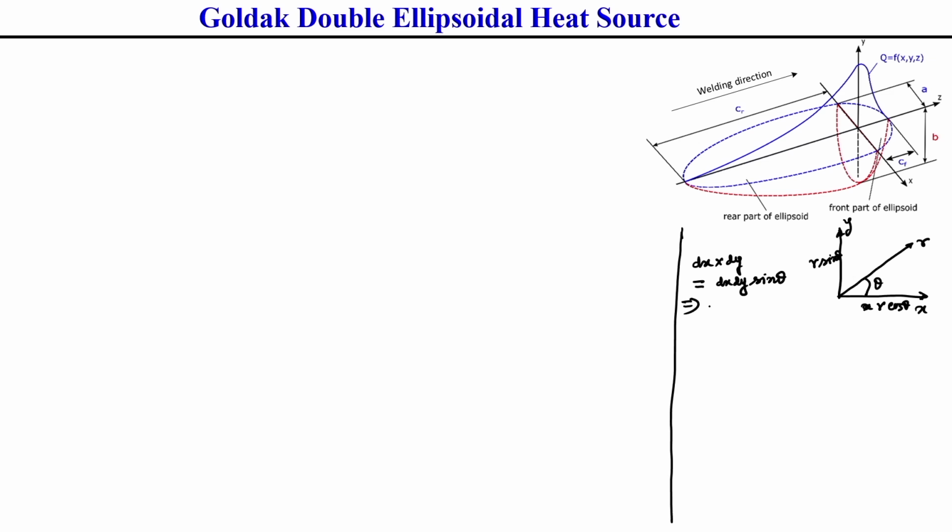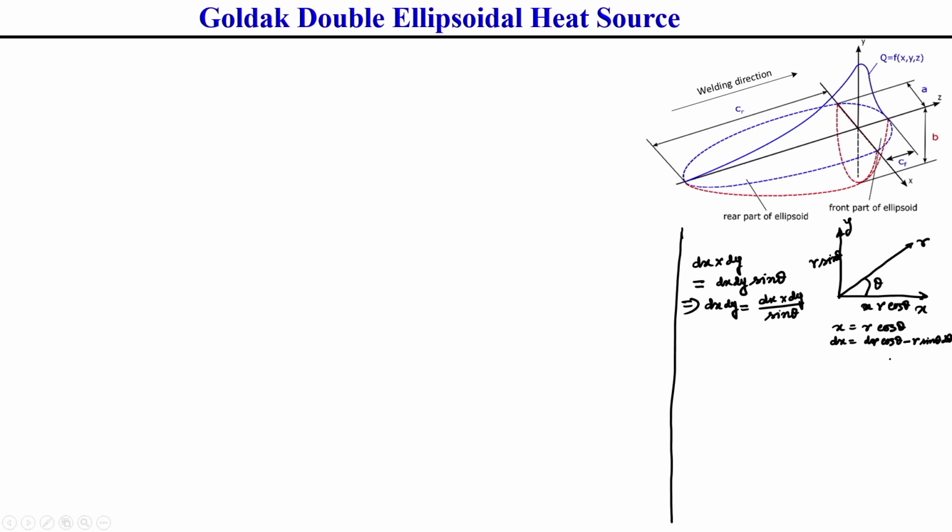So, dx dy we can write as dx cross dy divided by sin theta. This we can write from this equation. So, what is dx? x is equal to r cos theta. So, dx you can write as dr cos theta minus r sin theta d theta, correct.